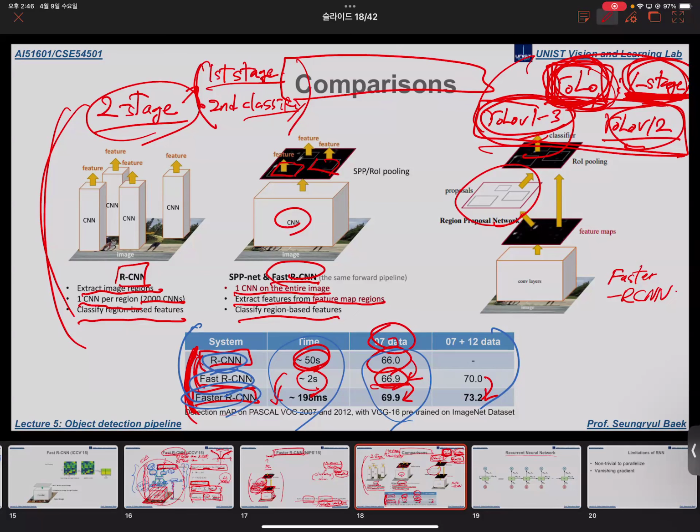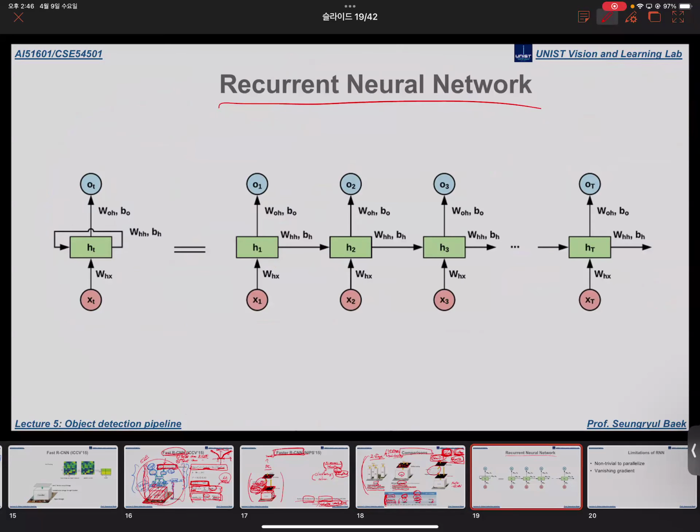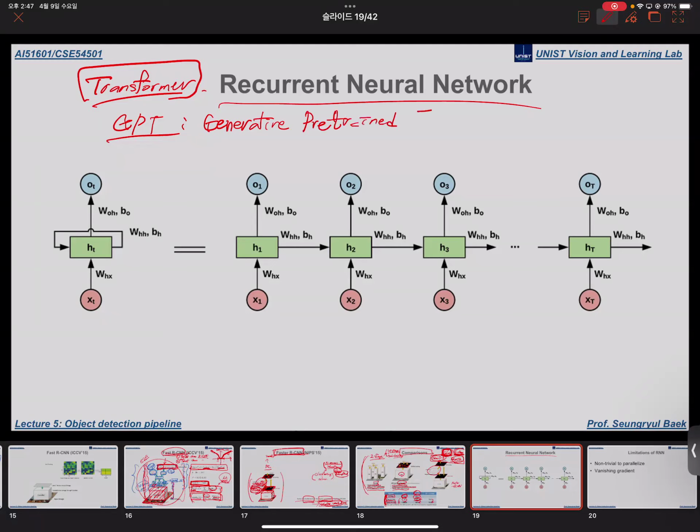And also, from now on, we will learn about some object detection pipelines based on the transformer algorithm. Okay. So transformer actually is very popular these days. So you already know about the GPT. And GPT is an abbreviation for generative pre-trained transformer.